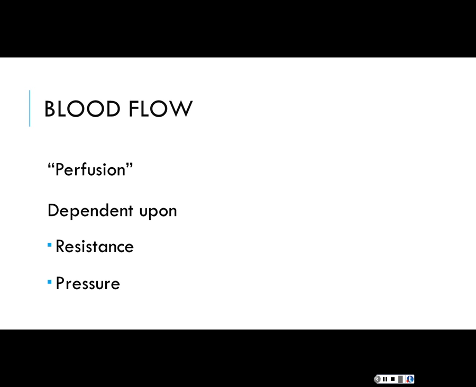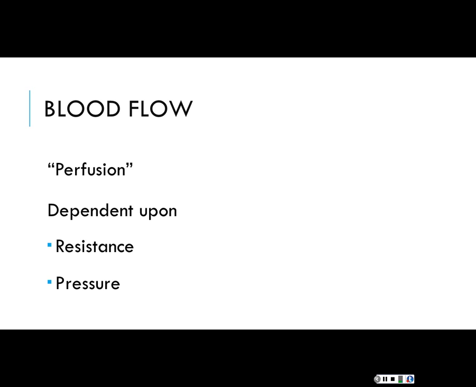Inverse means opposite. So if there's a lot of resistance, the blood flow is less. If there's not so much resistance, the blood flow is elevated. So resistance factors influence the distribution of blood through the body.